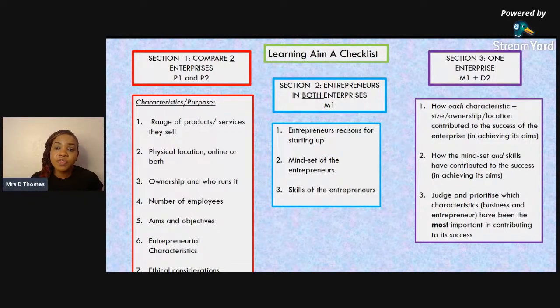And then for section 3, how each characteristic, size, ownership, location contributed to the success of the enterprise. How the mindset and skills have contributed to the success in achieving its aims. Judge and prioritize which characteristics of the business and entrepreneur have been the most important in contributing to its success.